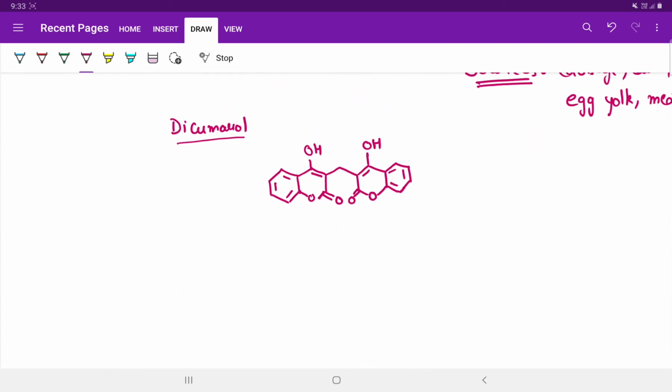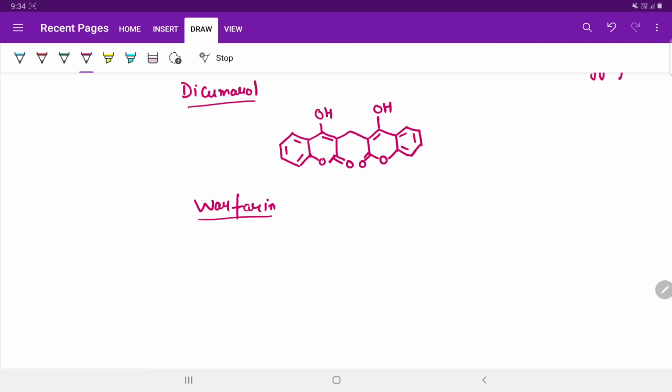And another compound that is synthetic in nature is warfarin. So warfarin is also involved in competitive inhibition, and it also has a coumarin ring in it. So the structure is represented like this.